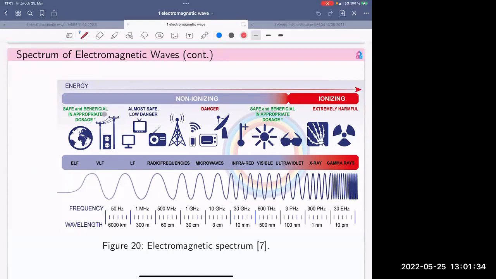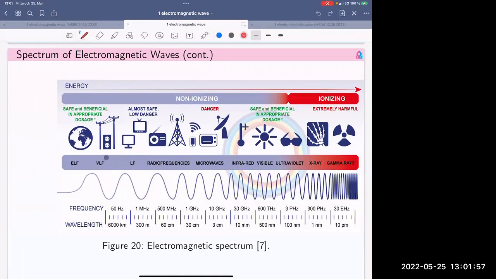If you receive it in appropriate dosage, it's still safe for us because it has low energy. But if you go further, when the wavelength decreases, we have a little bit higher amount of energy. It's called very low frequency region.